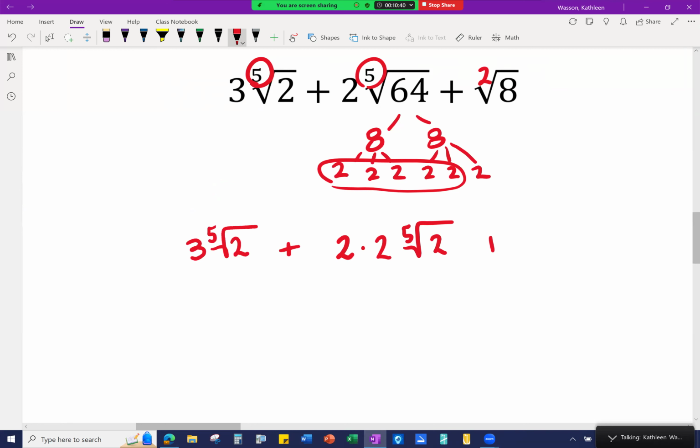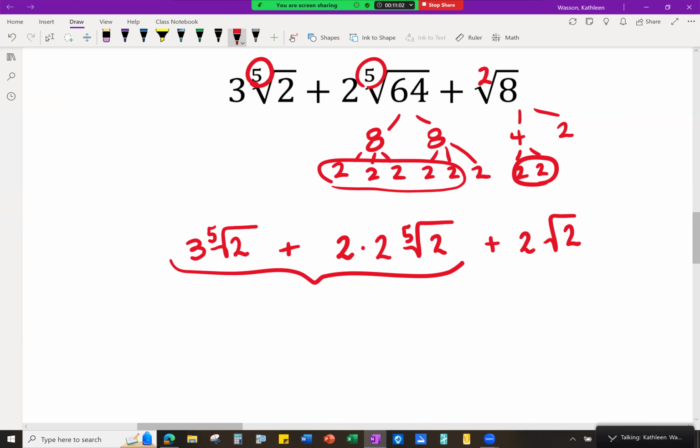And then I will add square root 8, which can be simplified. 4 times 2, 4 is 2 squared. So here I'm looking for a pair of factors that match. So I can write this as 4 square root 2. I can combine these with fifth root 2.